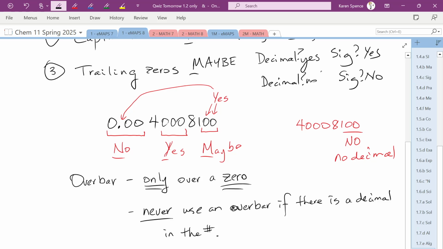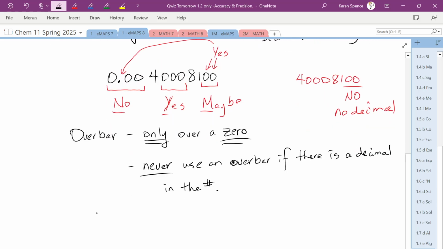And the reason is that the overbar says this digit is my last significant digit. If I have a decimal in the number, I know that the last digit is my last significant digit. If I have a non-zero digit, I know for certain that digit is significant. All non-zero digits are always significant.